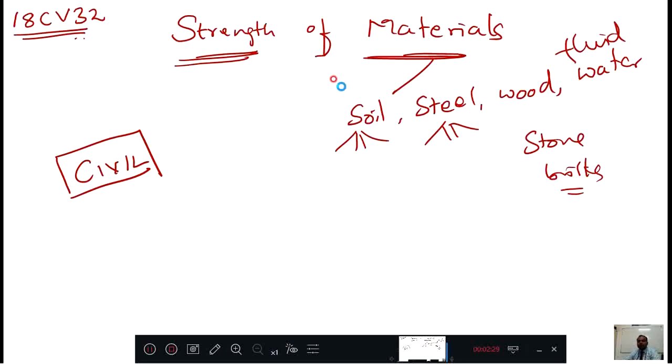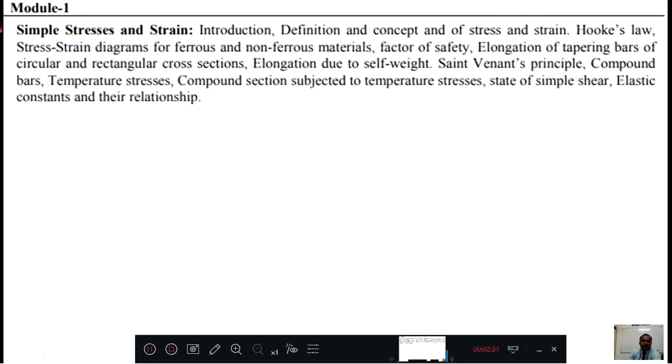Now if we go to the syllabus, in your VTU syllabus, there are 5 modules, as you already know. The first module is called Simple Stresses and Strains. Simple stresses and strains means if any body is there and I apply some force to it, some resistance will be developed inside the body.